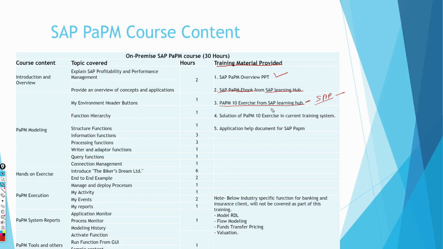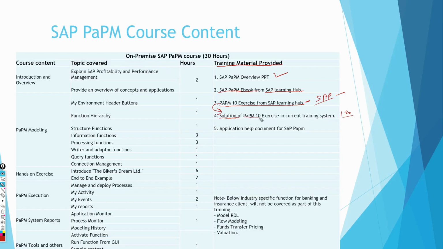To help us understand it better, I have created the solution of this exercise in a Word document in our training system that we will be using. That Word document will also be provided. It is quite a lengthy Word document, 180 pages. It has the most detailed screenshots step by step on how to do that exercise in our current training system.